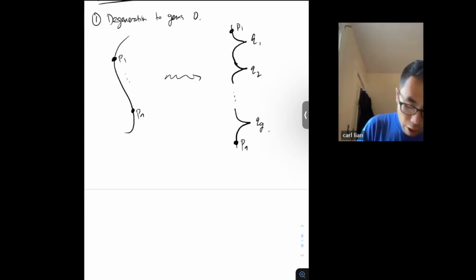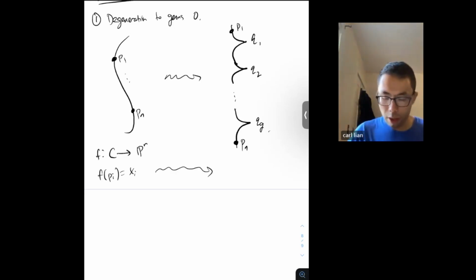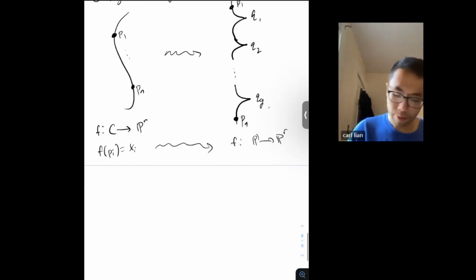If I have a map out of my smooth curve that satisfies n incidence conditions, I want that to degenerate to a map out of this cuspidal curve, but after normalization it'll be a map out of a genus 0 curve, so from P1 to PR, still satisfying these incidence conditions.